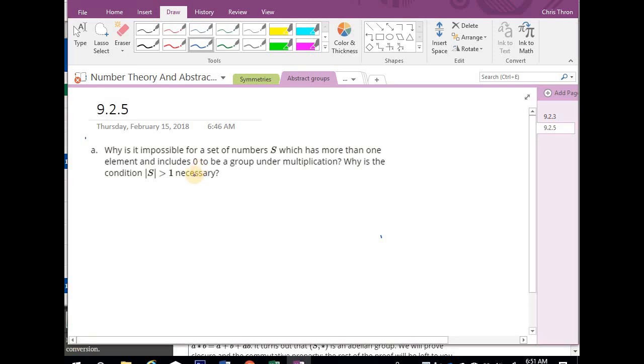All right, so let me do a couple of problems very quickly. Here's 925A. Why is it impossible for a set of numbers S which has more than one element, includes 0, to be a group under multiplication? I suggest that you show two things here. First of all, you show that 0 must be the identity element.